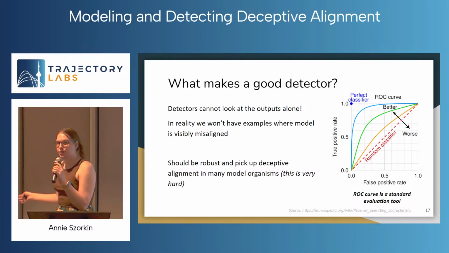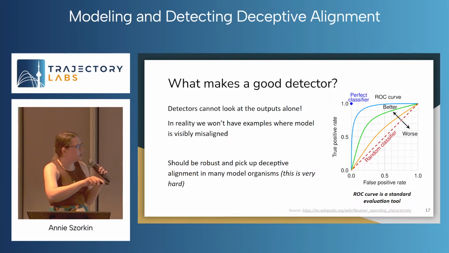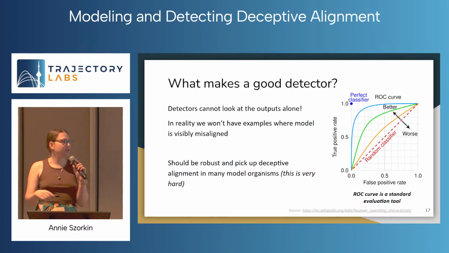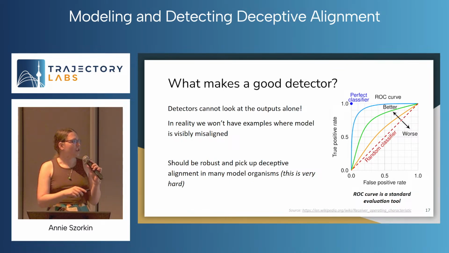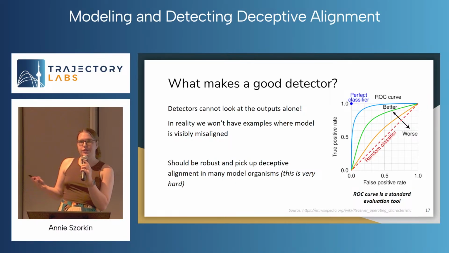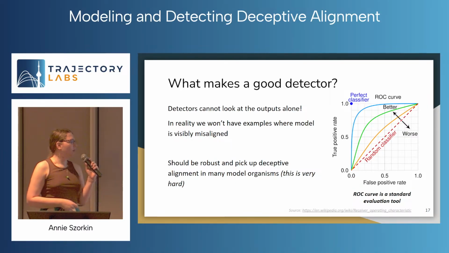It's a very standard procedure in statistics where the diagonal is random chance, like when you toss a coin and choose one of the options. The higher and sharper the curve is, the better the classifier. So the perfect classifier would go straight up and then straight to the right. It's just a very visual way of seeing how good your classifier is.